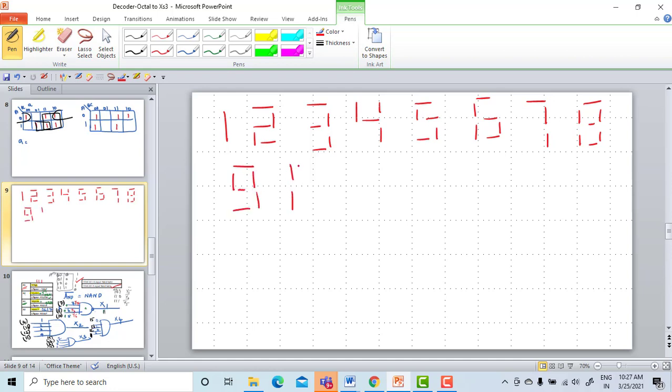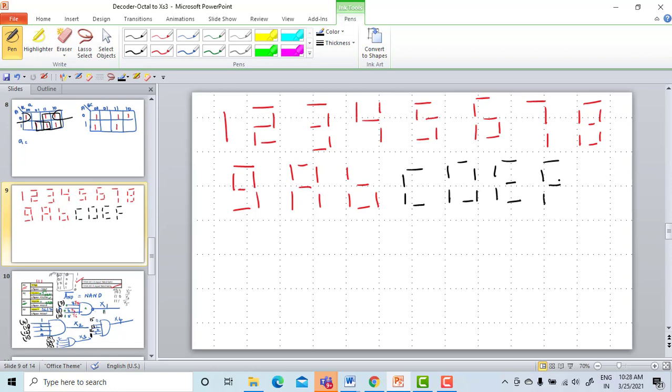and then A, B, or even B can be like this, C, D is similar to this, D, E, F. So these are all hexadecimal.